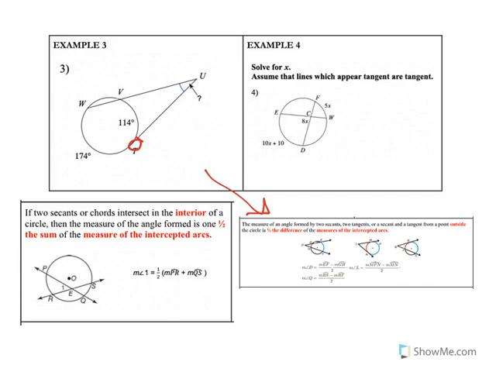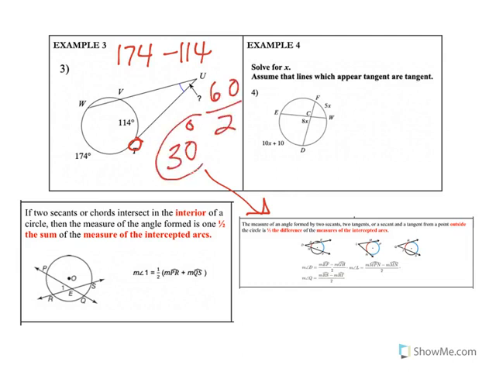Okay, so half the distance of the measures of the intercepted arcs. So we've got the difference, I'm saying distance. So we've got 174 minus 114, which is going to give us 60. And then we're dividing that by 2, which means that that angle out there is 30 degrees.